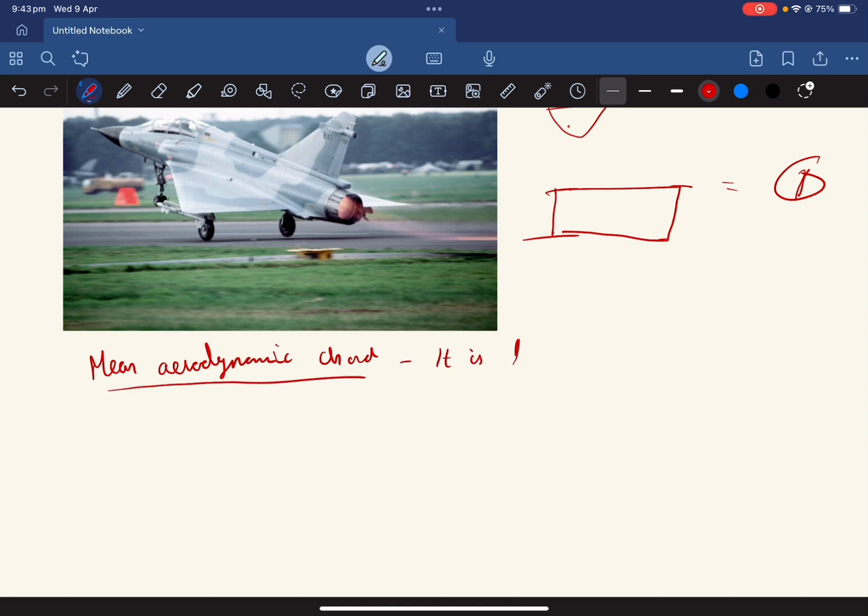It is the average chord length. As the name is pretty self-explanatory, it is the average chord length of a tapered swept back wing.